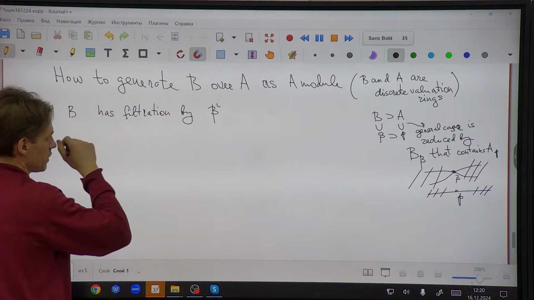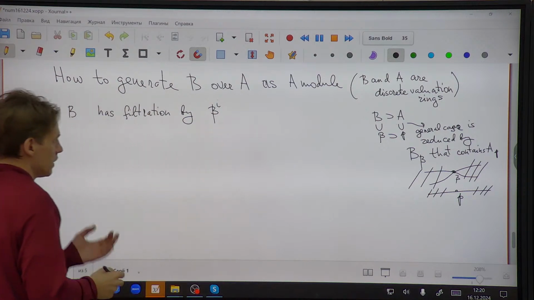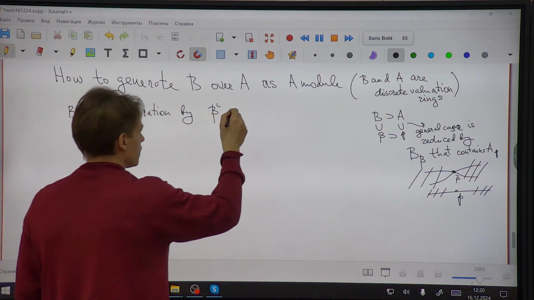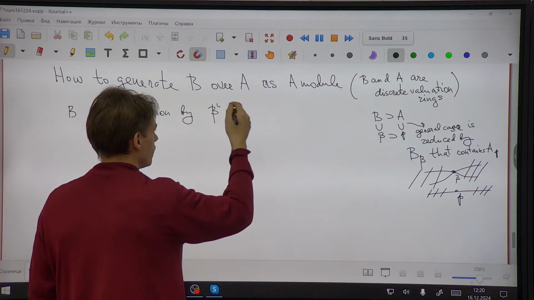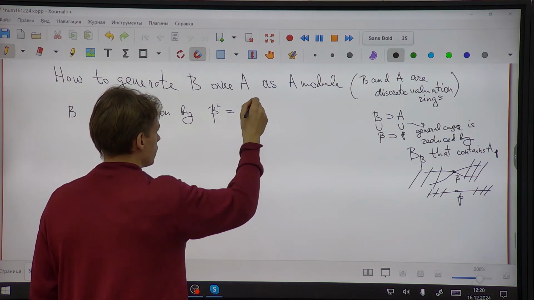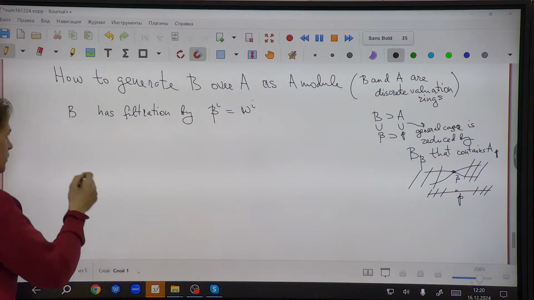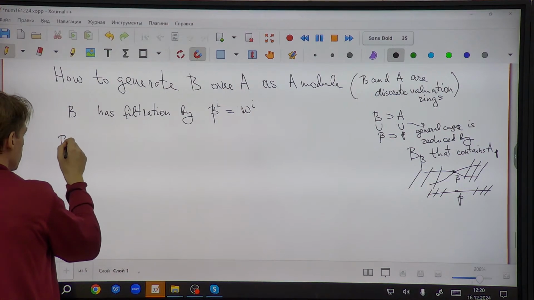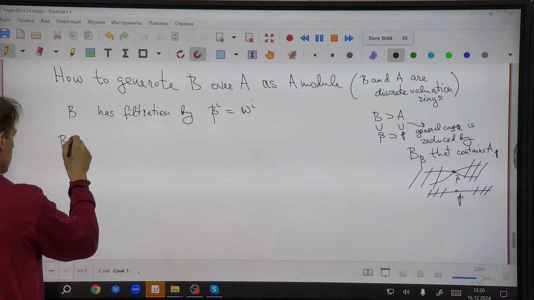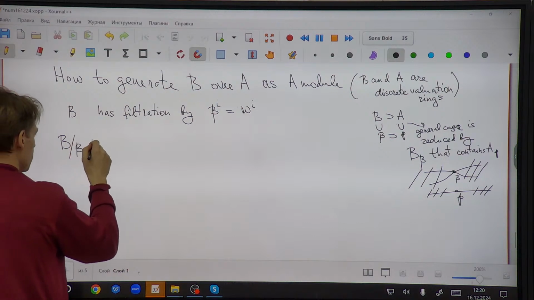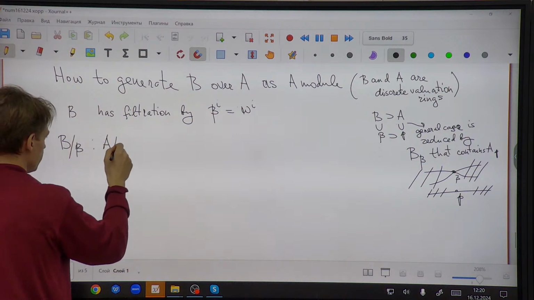So this now has a filtration by P, and this is just the powers of the corresponding uniformizer.